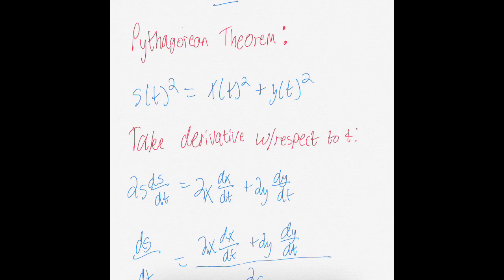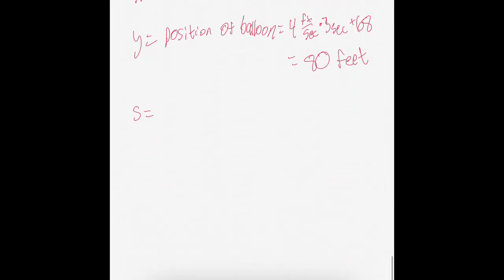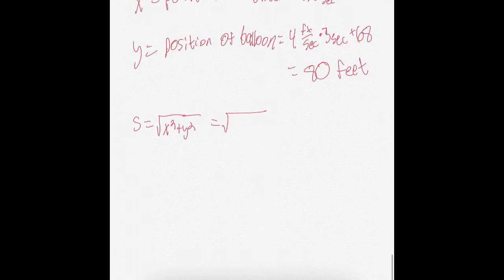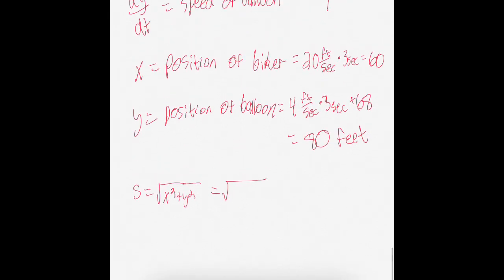All that's left to find now is s. Well, we have a formula for s squared up here with our Pythagorean theorem. So if I take the square root of both sides, then I find that s is the square root of x squared plus y squared. That's the square root of 60 squared plus 80 squared, which is the square root of 3,600 plus 6,400.